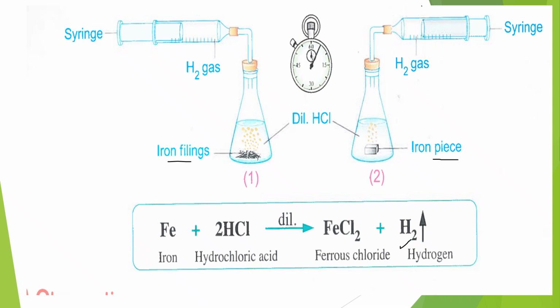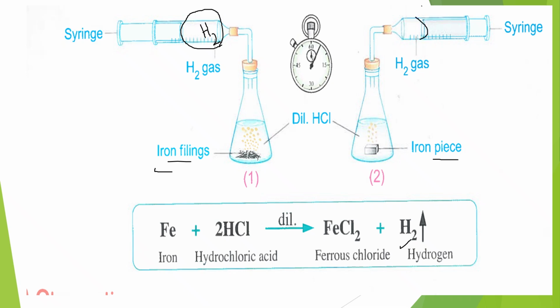The amount of hydrogen gas evolved in number one, I mean in the case of the iron filings, is a great amount of gas. By the way, this gas is colorless, tasteless, and odorless.